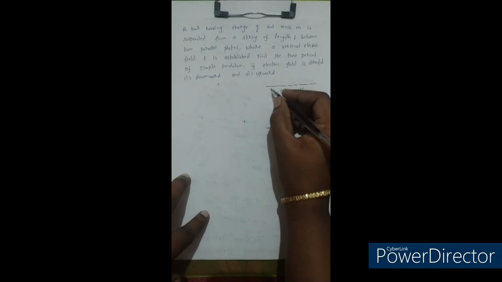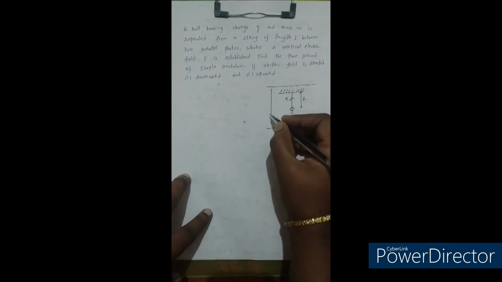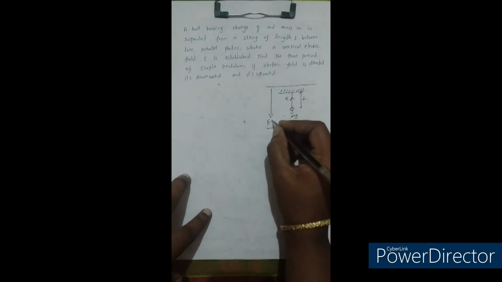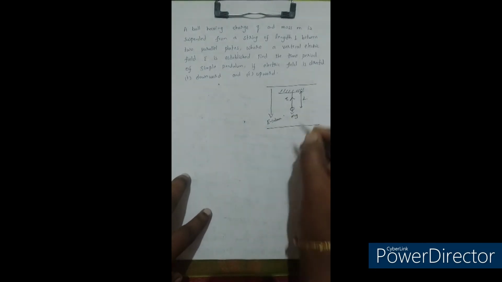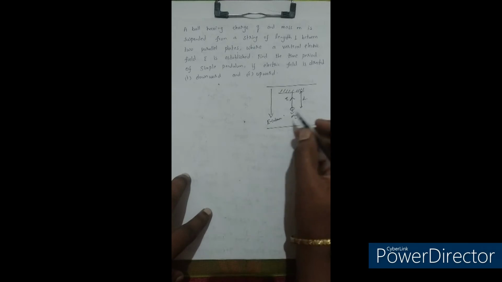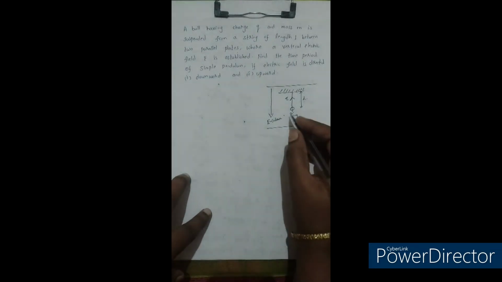So as it is in the downward direction, the electric field will be along this direction, that is downward, right? So if the electric field is acting in the downward direction, we know that there will be a downward force on this ball, right? As this ball is a charged ball q, right?